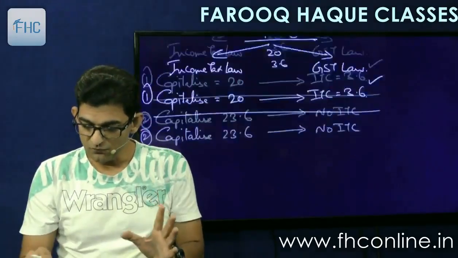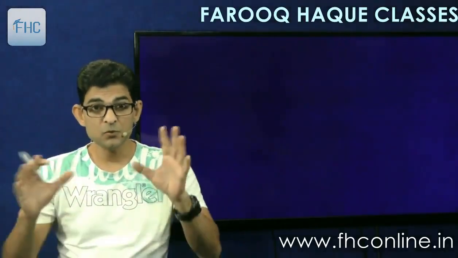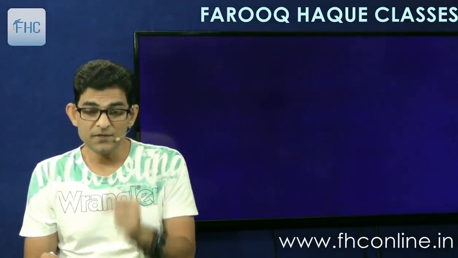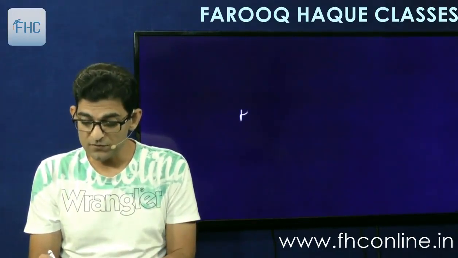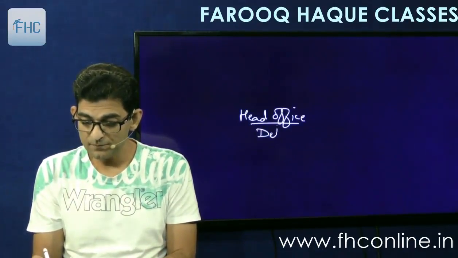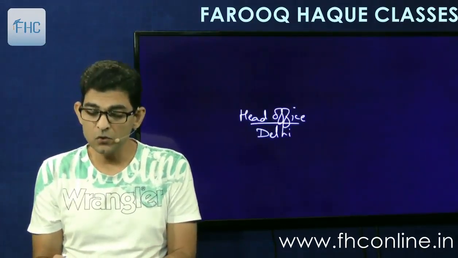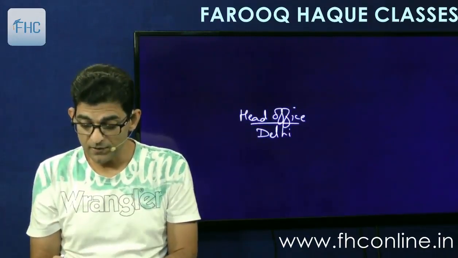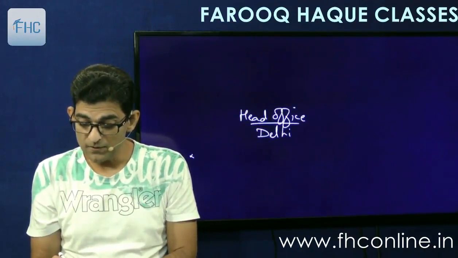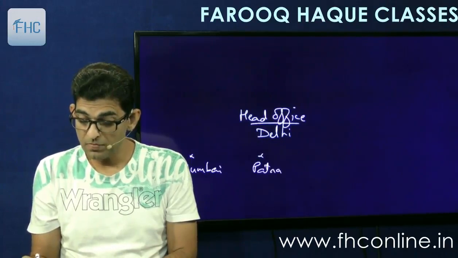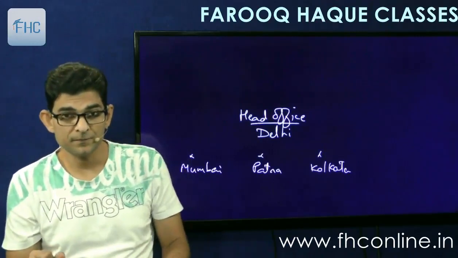The concept of input service distributor comes into picture when there is a big company having its head office somewhere, maybe in Delhi, and then it has a lot of branches at different places across the country. Like it has an office in Mumbai, then office in Patna, office in Kolkata, and so on and so forth. A lot of offices are there.